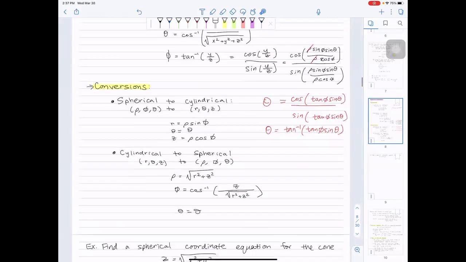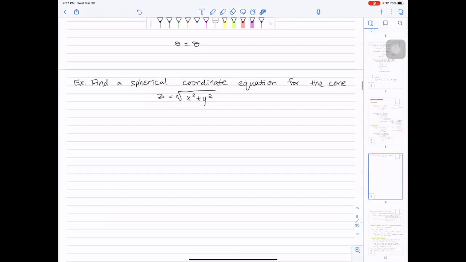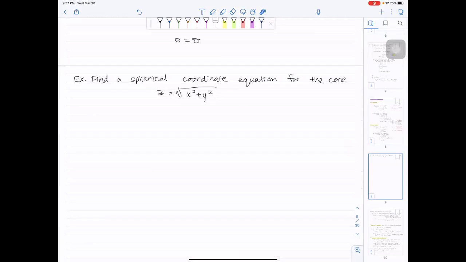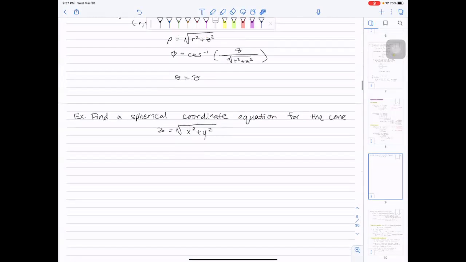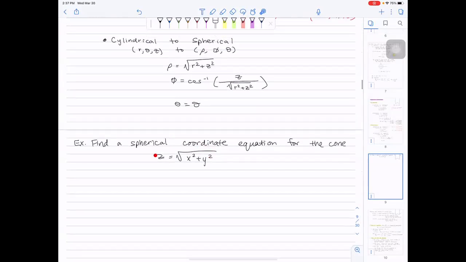Okay, so let's do an example. If we are trying to find a spherical coordinate for the equation of this cone, think about it for a bit. How do you guys think we should convert this so that it's a spherical equation instead?